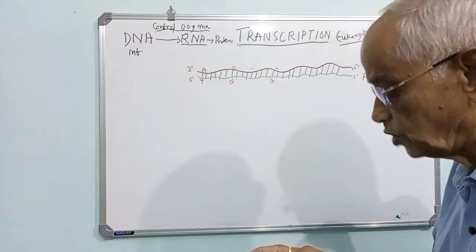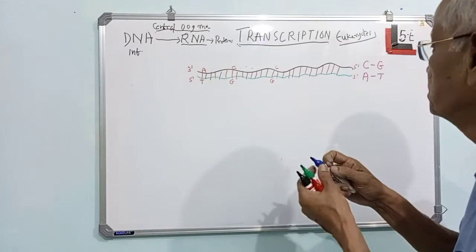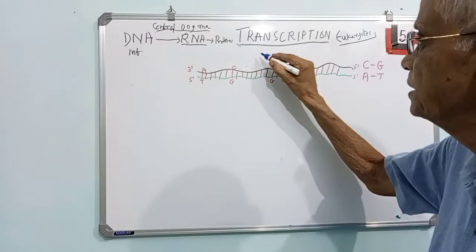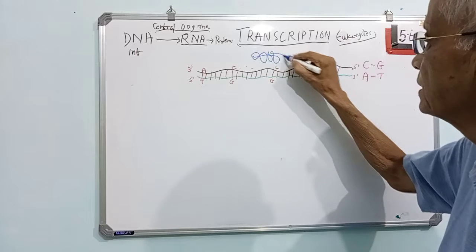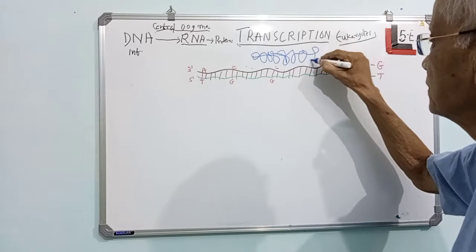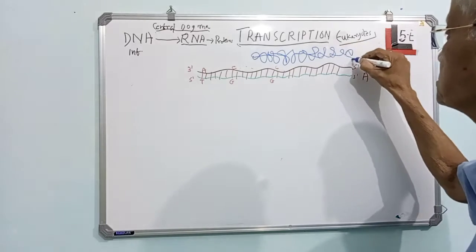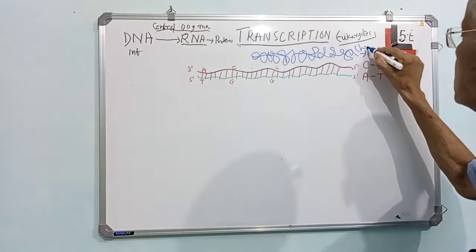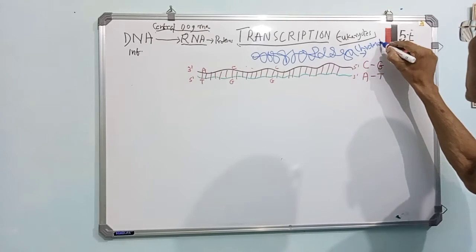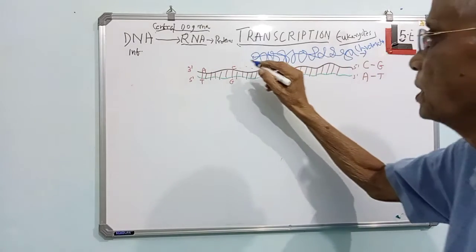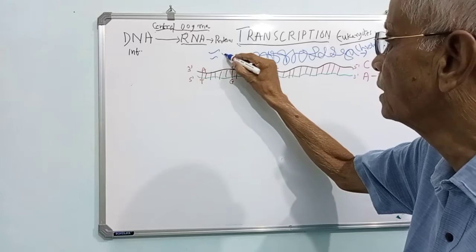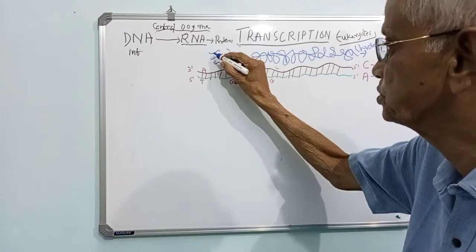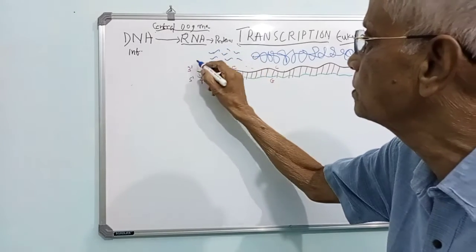Now how did we come to this one? The DNA molecule is a very long thread-like structure. It is normally called chromatin. During cell division, this chromatin becomes smaller segments called chromosomes, and these chromosomes will contain the genes.